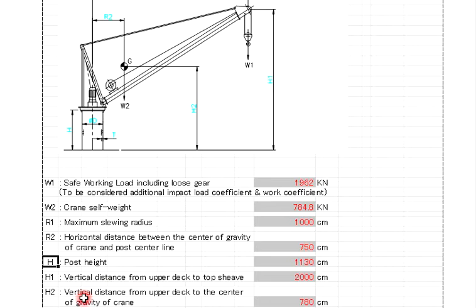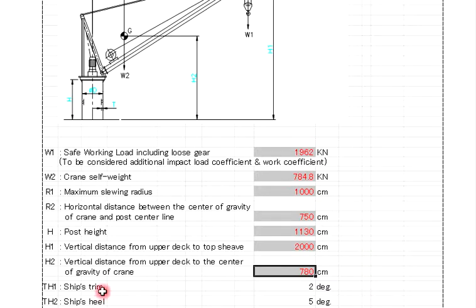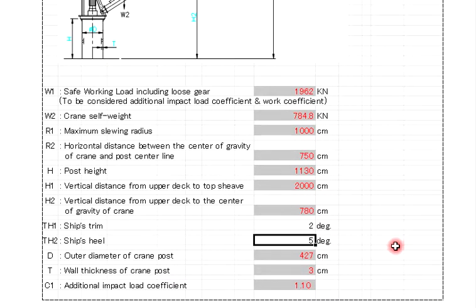And then h2 is the vertical distance from the upper deck to the center of gravity of the crane, so this is the one. So you change around, this one is 2000 centimeter, and then h2 is 780 centimeter, okay. So for the ship trim, just now we got 2 degrees, and then the ship heel here is 5 degrees.